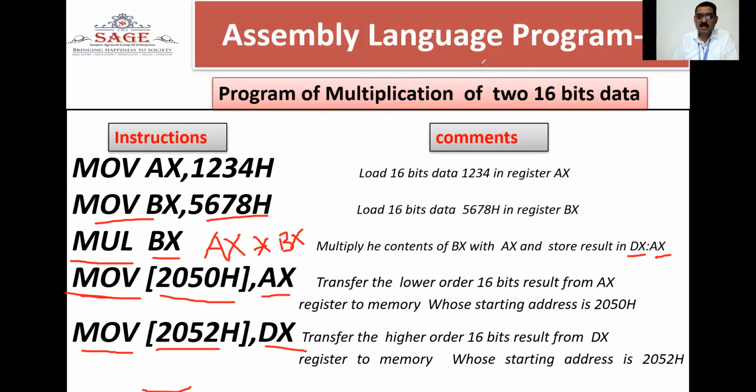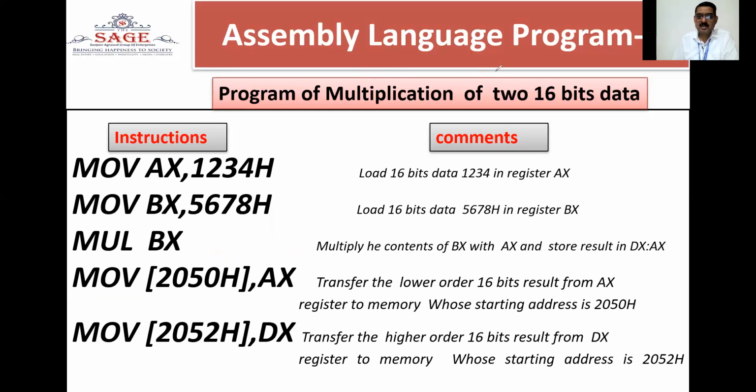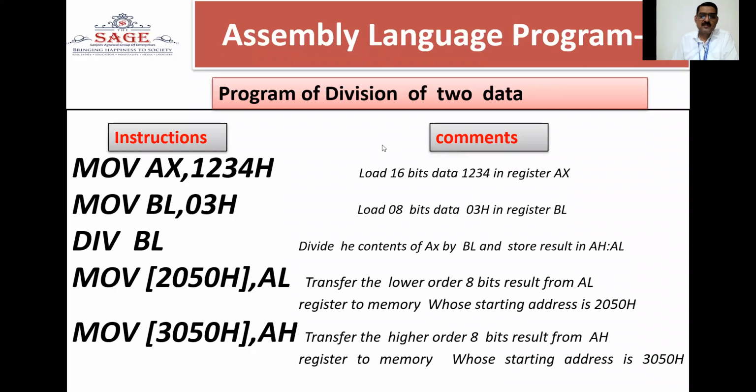Now again, how can we write the division operation? In the division operation, it is a necessary condition that the data which has to be divided will be greater than the data by which we divide.